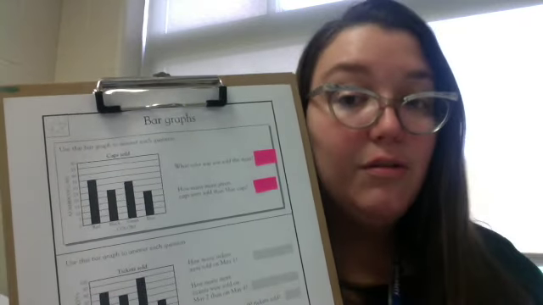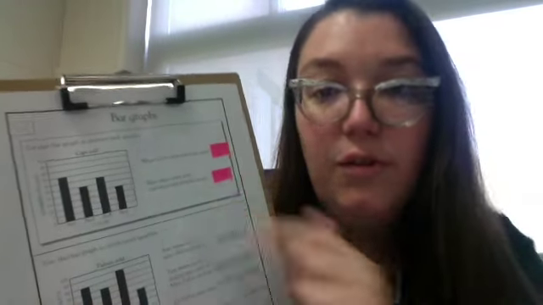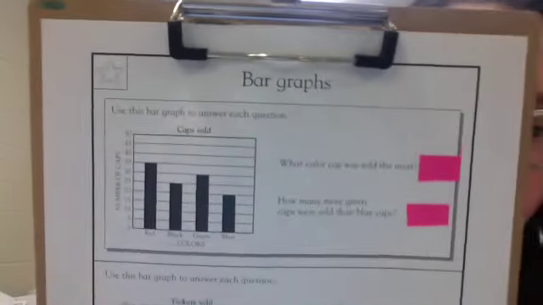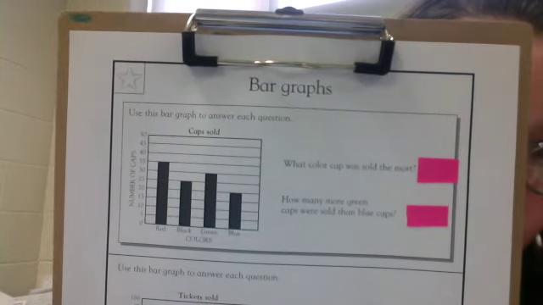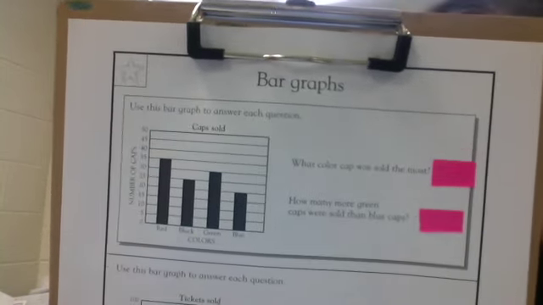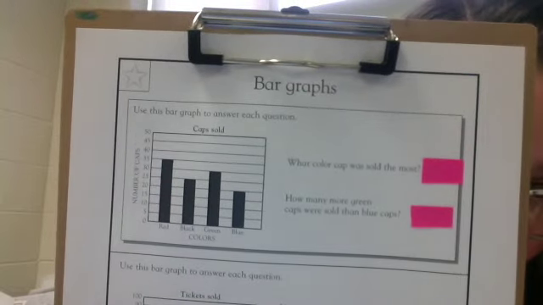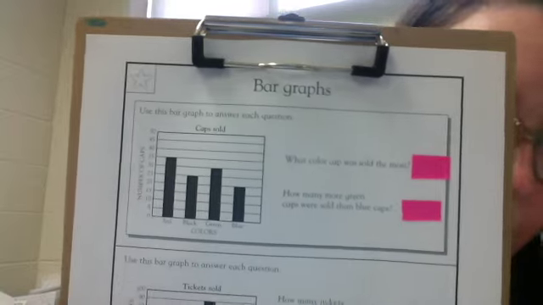And we just have to use our imaginary magnifying glass and search for those answers right in front of us. So this bar graph at the top shows the number of caps sold, or that's another word for hat. And it looks like they sold red caps, black caps, green caps, and blue caps.